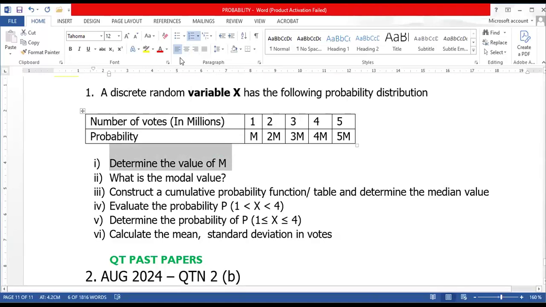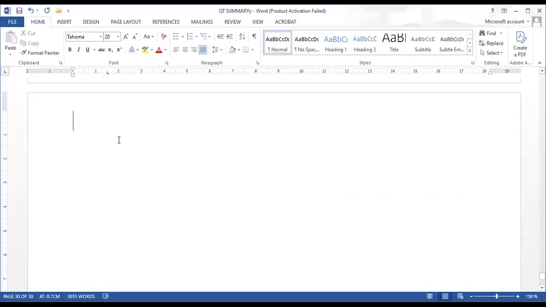Let me open another workbook. So this we are looking at probability. For trial question one, how do we determine the value of m?